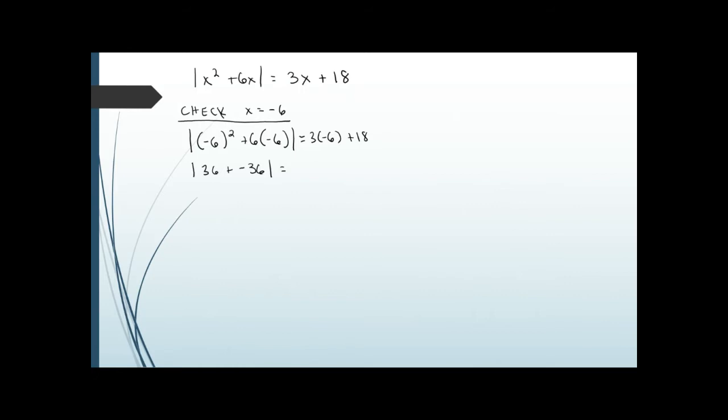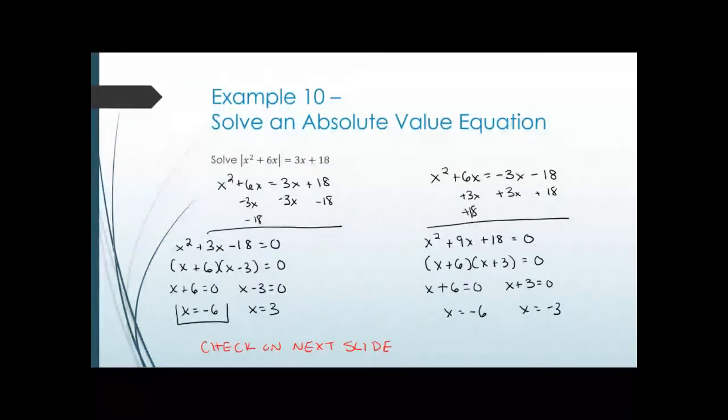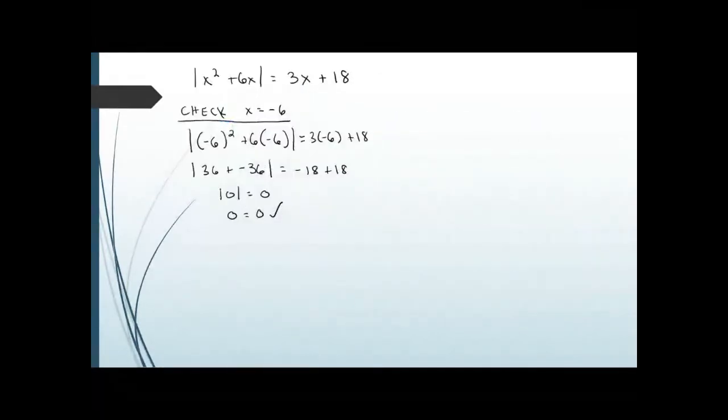And then on the right, 3 times negative 6 is negative 18, plus 18. 36 plus negative 36 is 0. So I get the absolute value of 0 is equal to negative 18 plus 18, which is 0. And 0 doesn't have a sign, its absolute value is 0. So 0 equals 0. That works. So x equals negative 6 is a solution. And I don't need to write it twice, so I'm going to just box one of them. Let's check x equals 3.